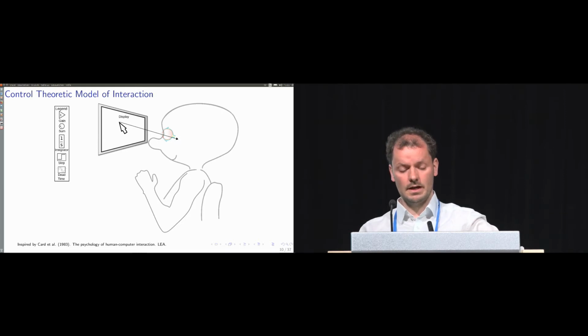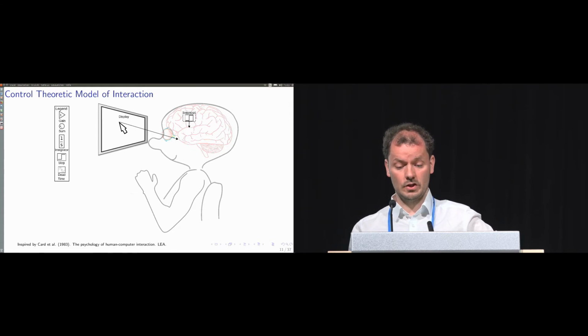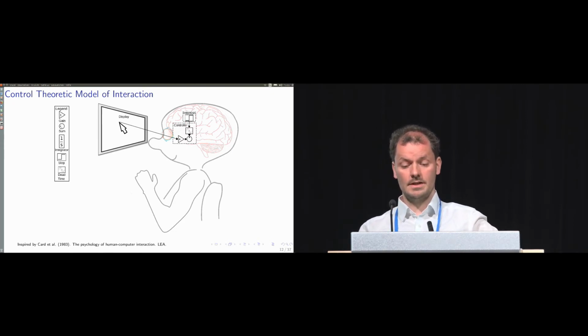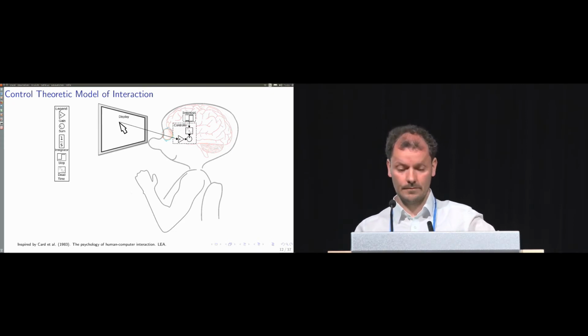So the user perceives the pointer position over time continuously, but the human also has a certain intention. So the human has an intended pointer position, and the user subtracts the intended pointer position from the observed pointer position, and this is what we can call the error signal.